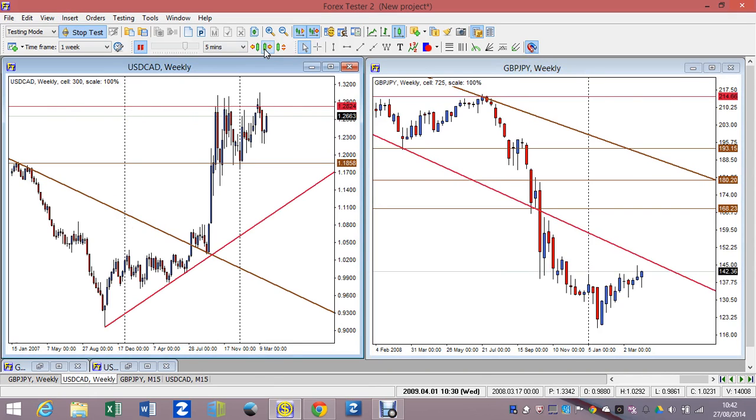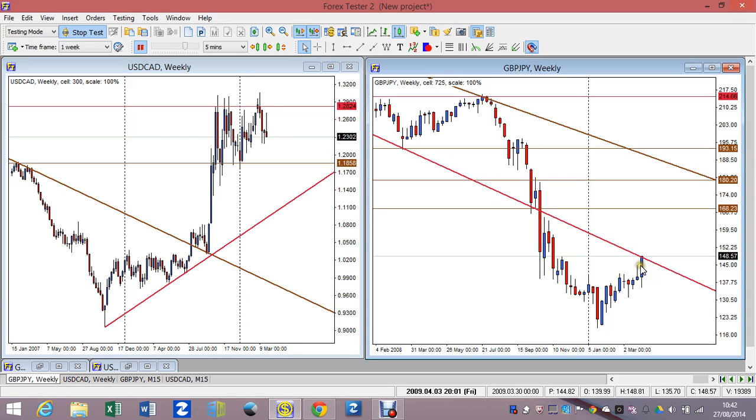Right, we'll move on in the weekly. Another pin on the dollar CAD. Big bullish candle on the weekly.